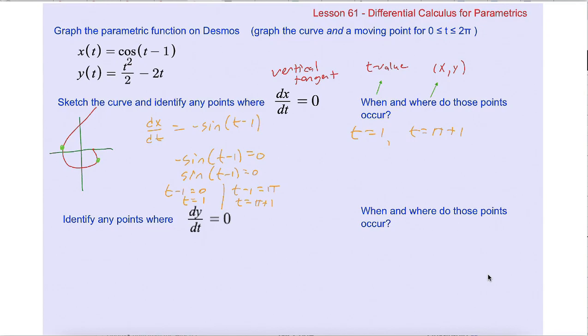If I want to know where that happens, I need to find the two coordinates. I need to find x of 1, comma y of 1. X of 1 would be the cosine of 1 minus 1, the cosine of 0, which is 0.